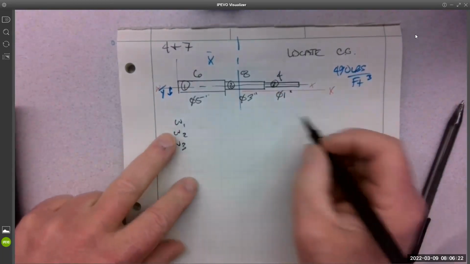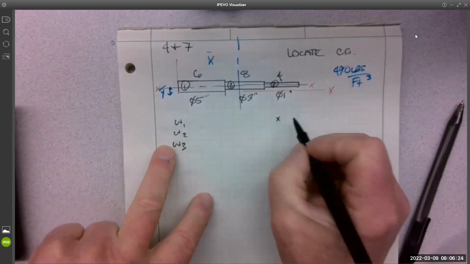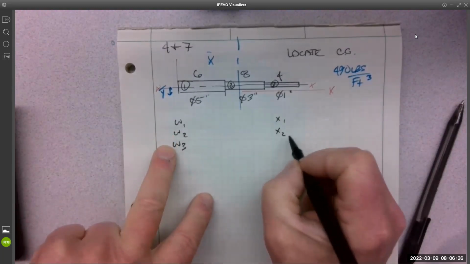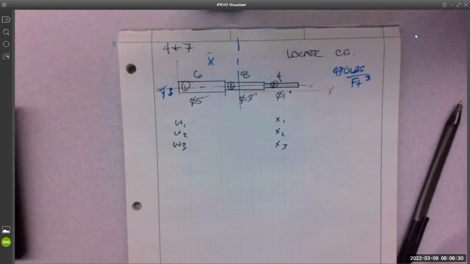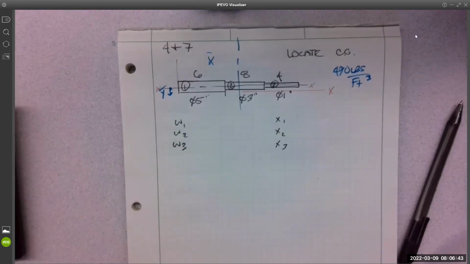So then we have to calculate these, and we also need X1, X2, and X3. That's the location of the centers of those individual shapes, which usually you can get by observation. So you want to break it into simple shapes that you know, like rectangles, circles, even triangles. We know that we can look up the formula for the center.